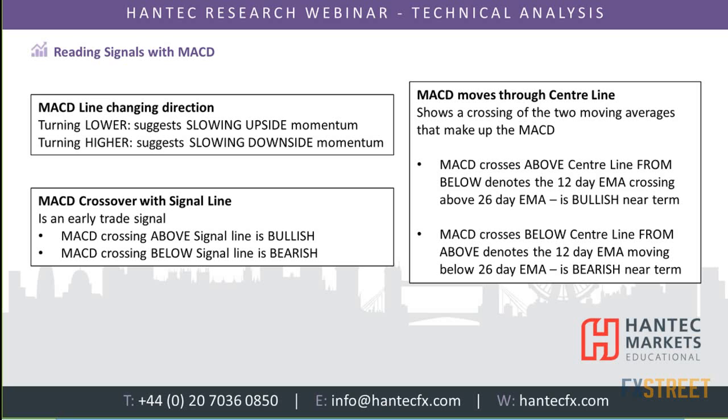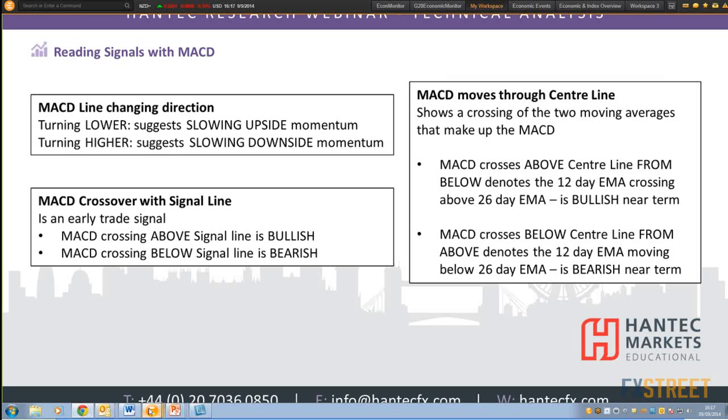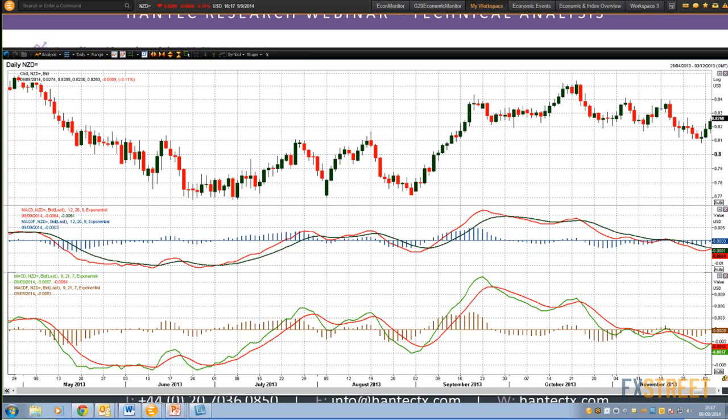And finally, moving through the center line. I think this is actually a very important signal in the MACD, basically because I like to talk about positive momentum and negative momentum a lot. You can have your MACD lines, which I will show you again. Just where's my chart?